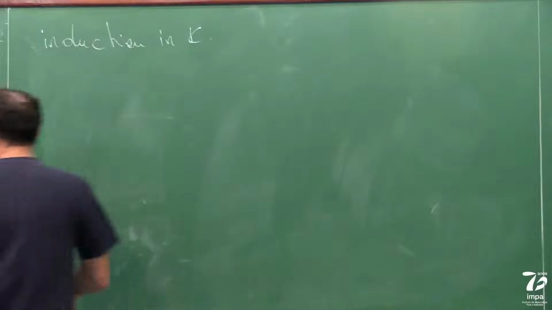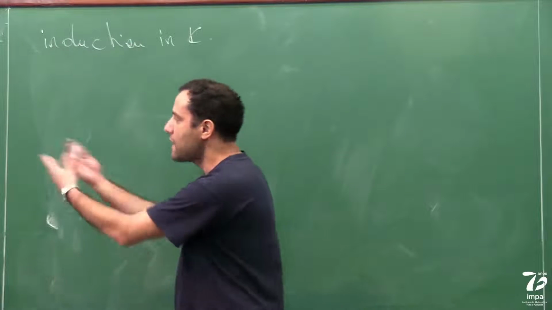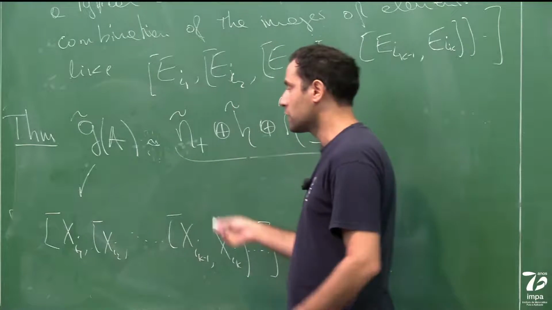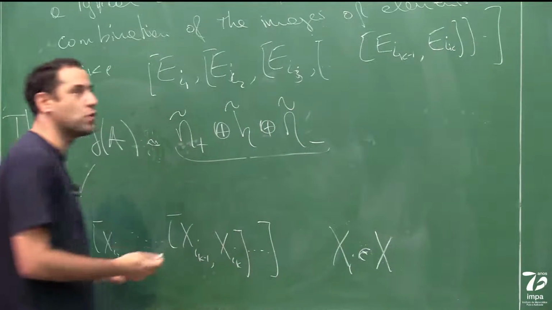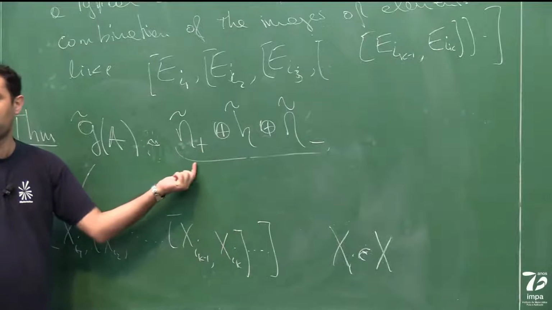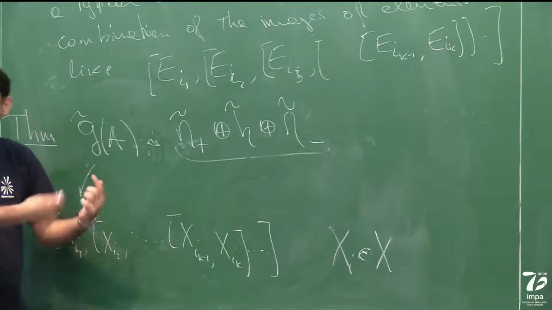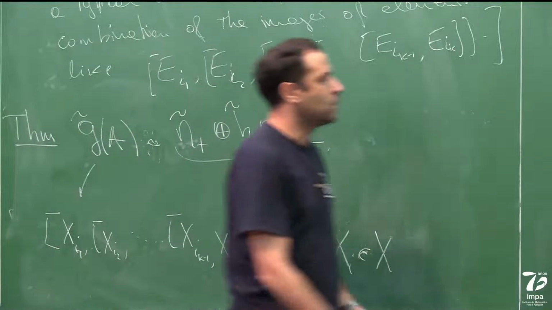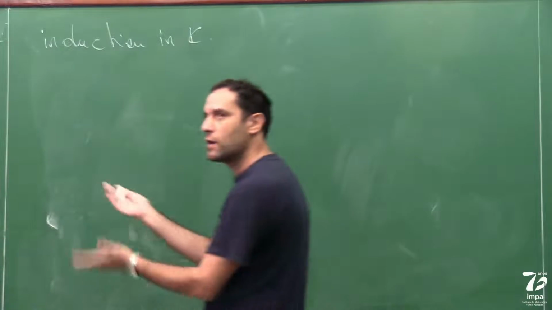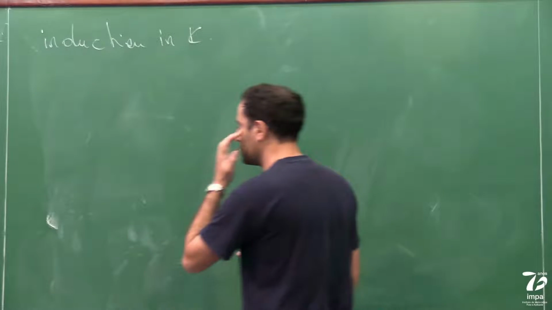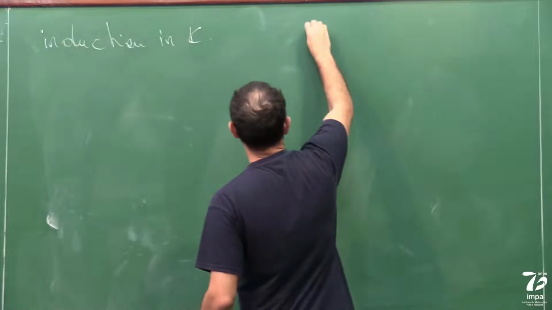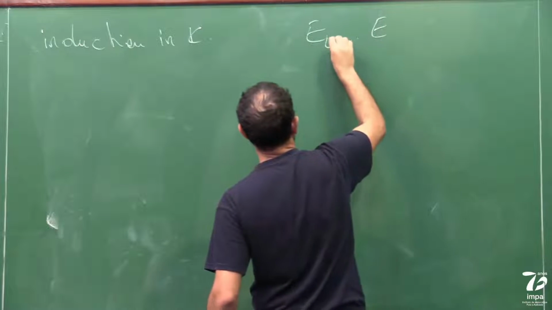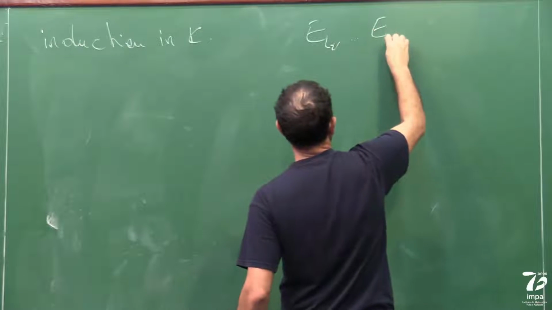So let's assume that for fewer than k elements, it is in that direct sum. I want to prove the inclusion of this inside of here. So let's assume that whenever I take the bracket of k minus 1 elements, then it's in each one of them. I need to check that when I take a bracket of k elements, it's still in that sum. So let's do one case, and then you guys do the other one. But they're all more or less the same and trivial. So let's suppose that you have ei2 up to eik.